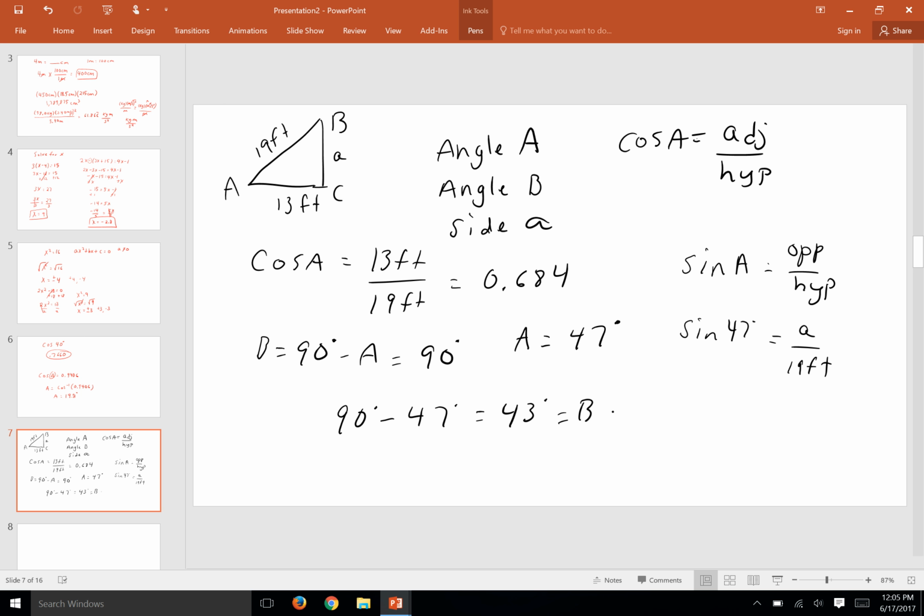So that's going to be sine 47 times 19 feet equals a. So when you solve that, a equals 14 feet. And that's how you solve for all the sides and the cosines. Okay? So you're going to have two of those. Pretty easy ones, not hard at all.